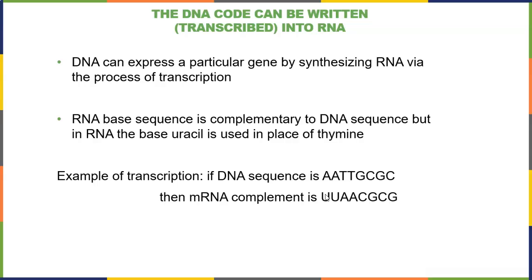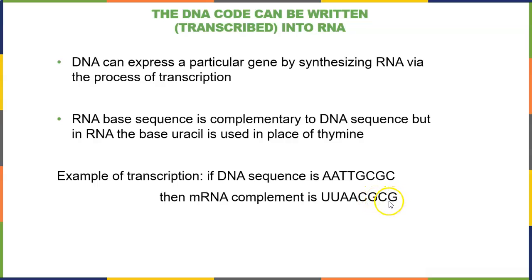This is uracil, which will always replace the thymine. So in mRNA, you're not going to find any T's. Instead, substituting for the T will be U. So where this would normally pair with a T, now we're seeing this A is pairing with a U. This next A is also pairing with a U. Because this T is in DNA, then RNA is going to have A, C, G, C, G.